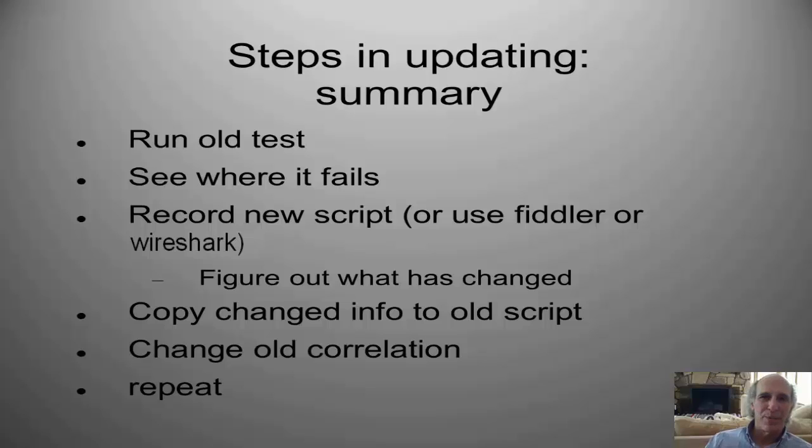And presumably that's going to be less work than rescripting everything from scratch. That is going to be the case if the changes are small. If it's a massive change and your system under test is completely different than it used to be, then this is not faster. But if it's just a one-line change, a small change to an href, for example, in this case, this is much faster.